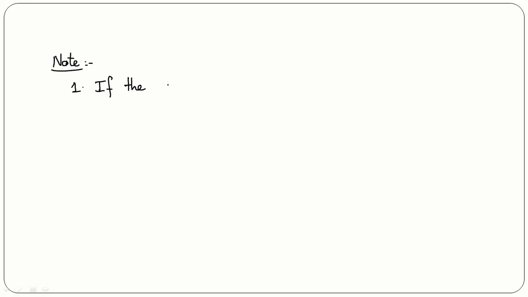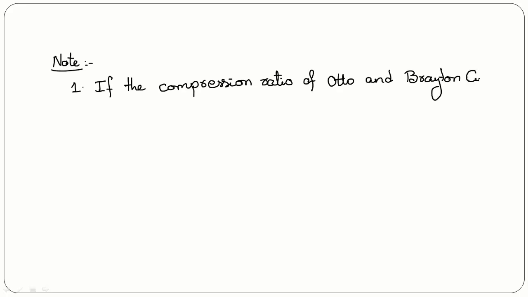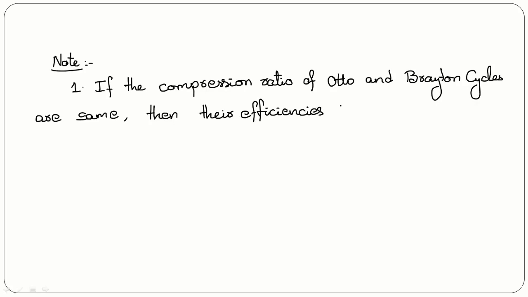If the compression ratio of Otto and Brayton cycles are same, then their efficiencies are equal.